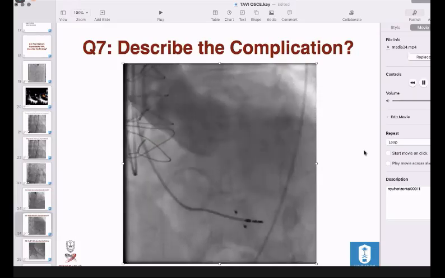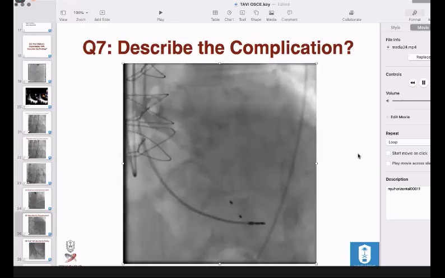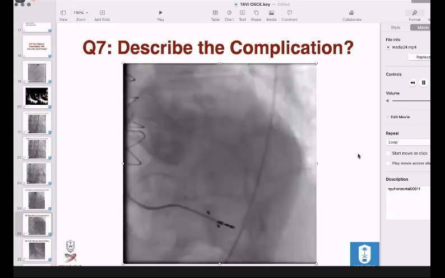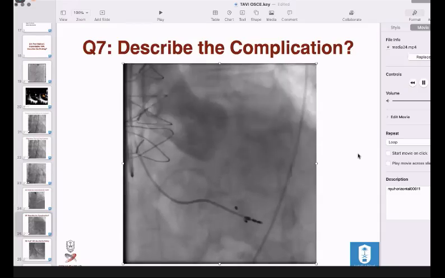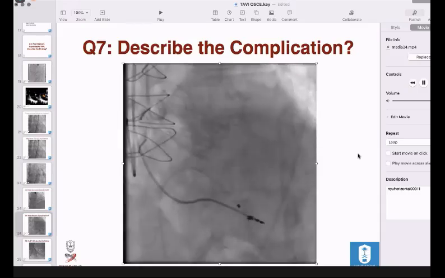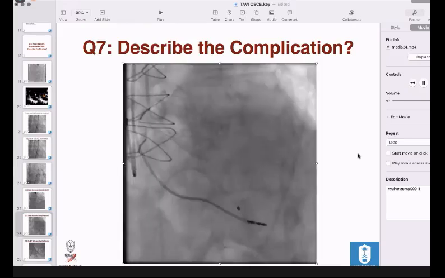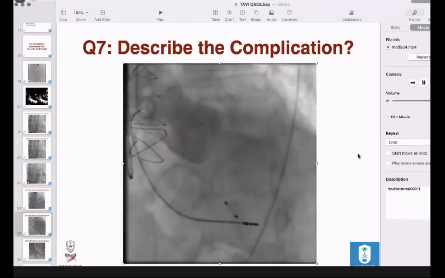Another case. Describe the complication. High seated valve. Paravalvular leak. Yeah. Okay. Both of you are right. The way you see it, don't say high seated, say high implantation.